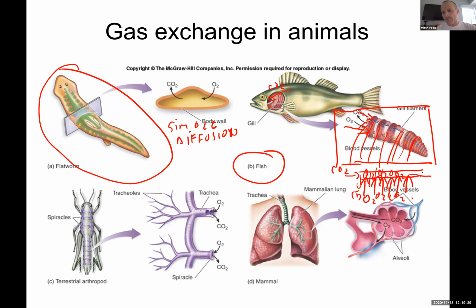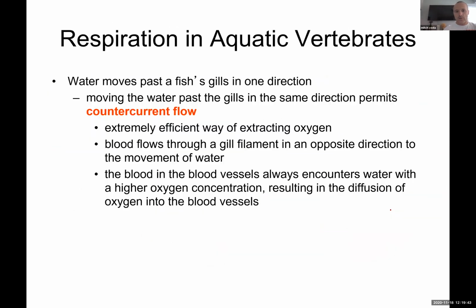By the time the blood leaves the gills, it's full of oxygen. Then the blood goes to the body, and then it comes back in here and brings more carbon dioxide. So this is called counter current flow. One more time, the blood vessels, the veins basically, come from the heart and they bring carbon dioxide.